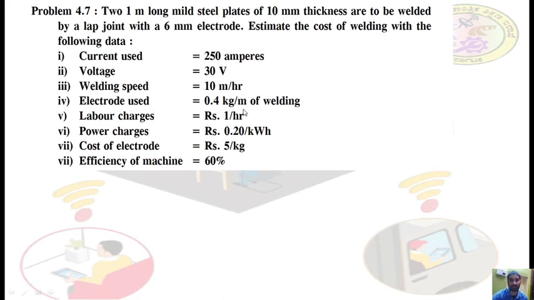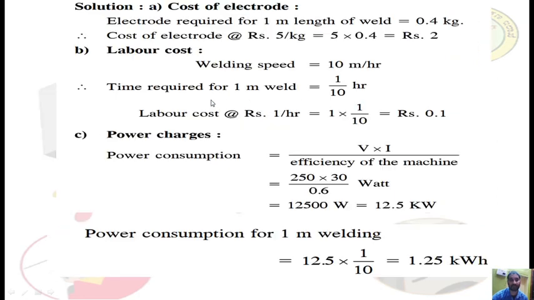So our length of welding is also 1 meter, so we require 0.4 kg of electrode. The cost of electrode is given as ₹5 per kg. So 0.4 multiplied by 5, that is ₹2 is required for electrode.